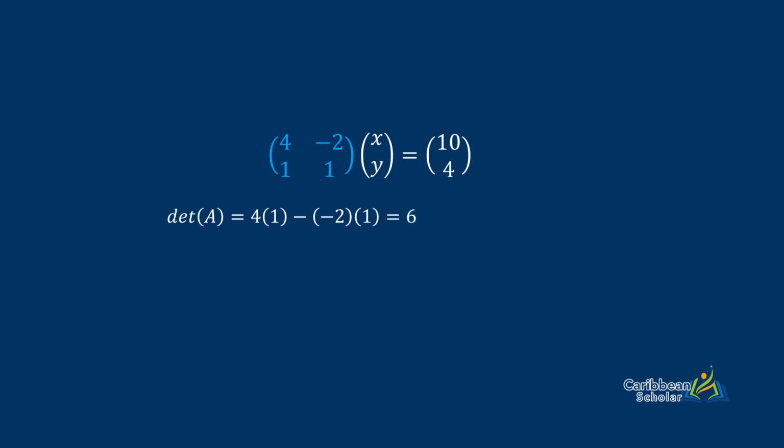Now we move on to the adjoint. Now the adjoint is found by swapping A and D and then switching the signs of B and C. So we have 1, 2, minus 1, and 4. So altogether, the inverse is 1 over 6 times 1, 2, minus 1, and 4.